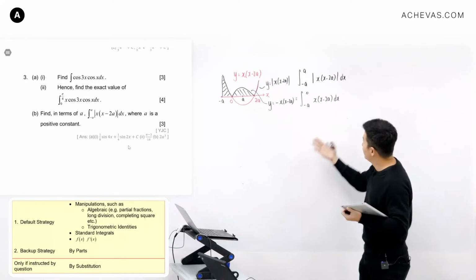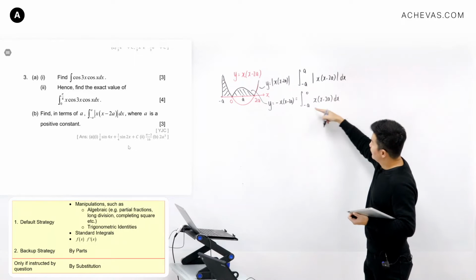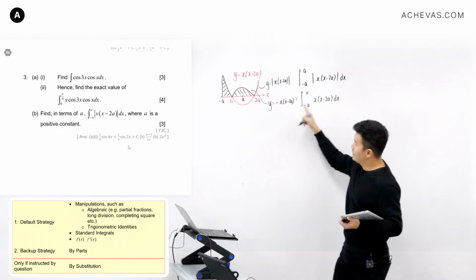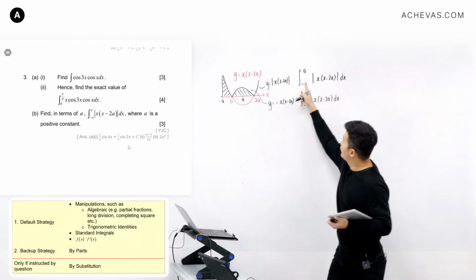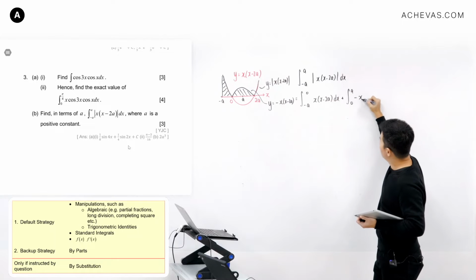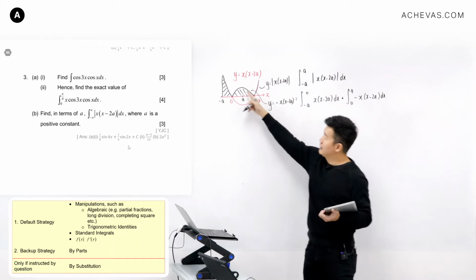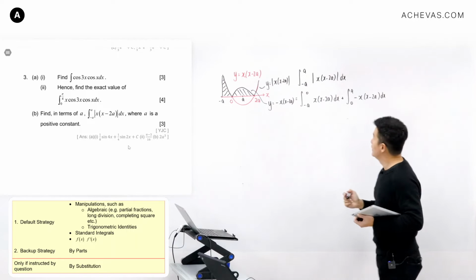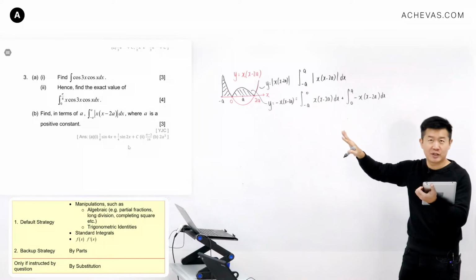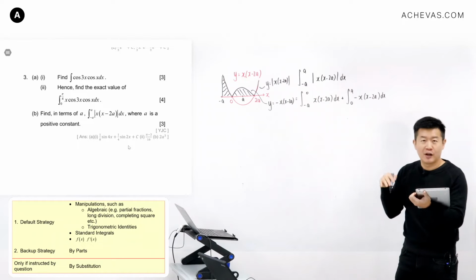And that is why for the other portion, minus a to 0 is going to be for this without the negative. But from 0 to a, we are going to write it as from 0 to a of minus (x minus 2a), in order for us to get this area over here. So now we have managed to remove the modulus through our improvisation by making use of a graph.